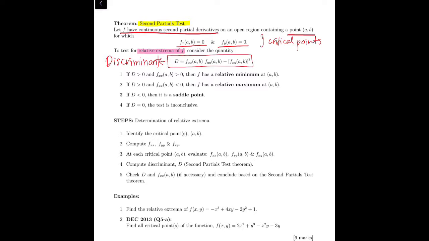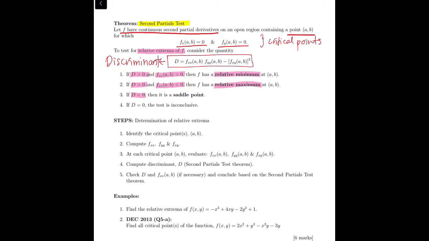We can have four conclusions if we find the discriminant. The first one, if D greater than 0 and fxx greater than 0, the function f has a relative minimum. If D greater than 0 and fxx less than 0, f has a relative maximum.